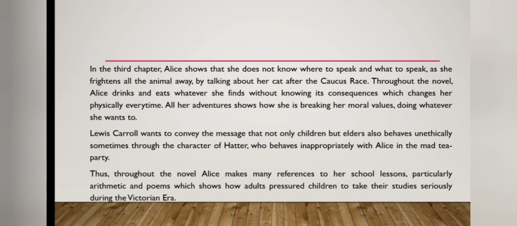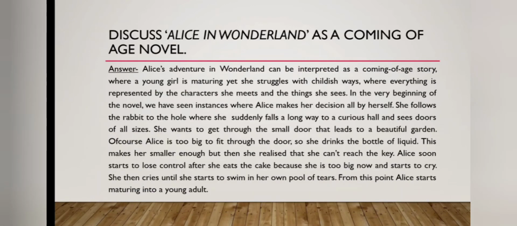Like the Mad Hatter, who behaved rudely with Alice during the Mad Tea Party. And also, Alice gave us many references to her arithmetic and poems, whatever she knows as a child. So this shows that parents pressurize children to learn things and take their studies seriously during the Victorian era. So let's move on to the next question.